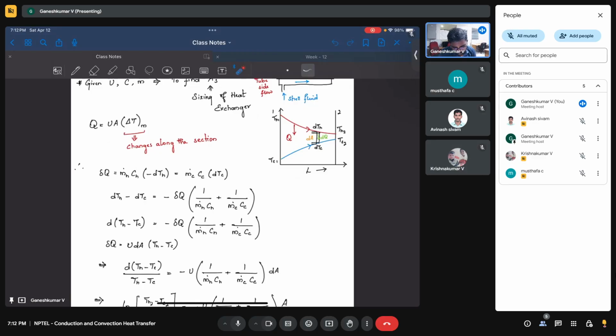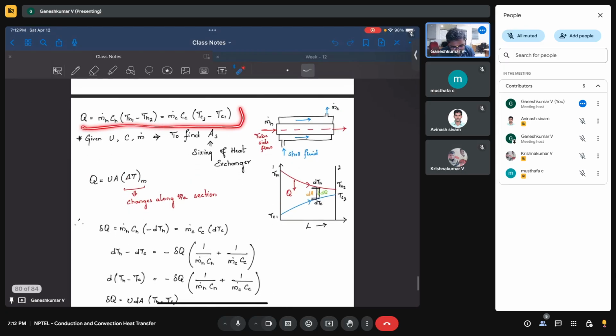Now we want to write Q in terms of the overall heat transfer coefficient and the area. Here Q is in terms of mass flow rate, but we want area, so we write it in terms of the overall heat transfer coefficient and the delta T. Now in a parallel flow heat exchanger, or even in counter flow, your temperature profile is going to keep changing along the length.